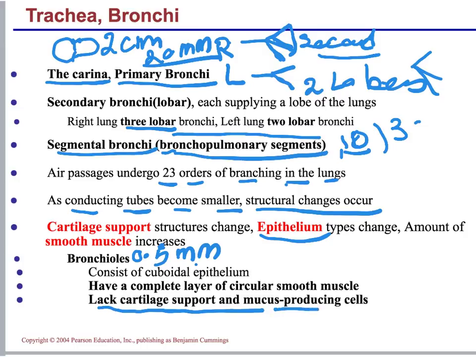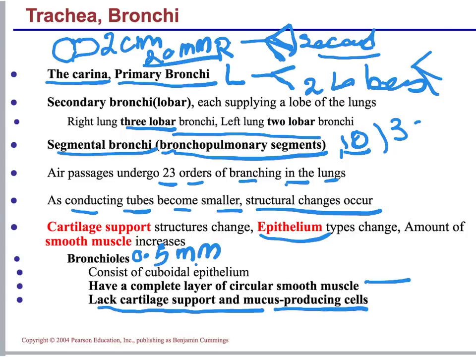And there are no mucus-producing cells. No cartilage, no mucus-producing cells. The bronchiole is a tiny little tube of smooth muscle. So we went from a 20 millimeter tube with pseudostratified epithelium and mucus-producing cells, to a 0.5 millimeter tube which is only smooth muscle, with no cartilage support and no mucus-producing cells.